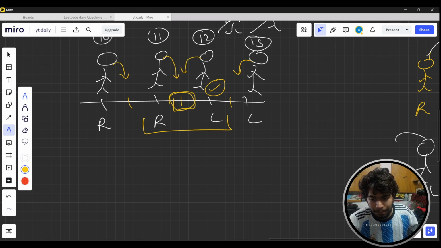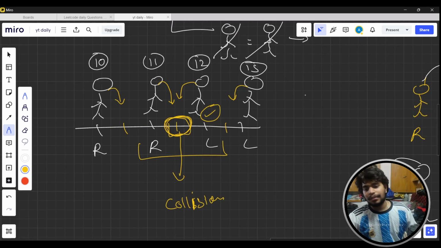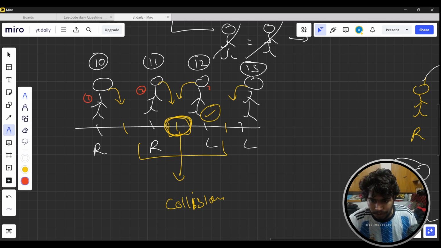There will be a collision at that point, and there will be a collision at that point. And for sure I know this robot will win. I can mark them as 1, 2, 3, 4. Robot third will win.